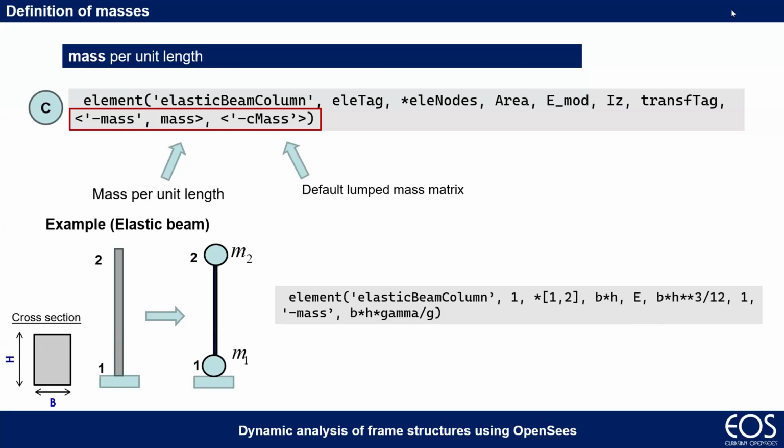So if the structure is this, the masses become this and this, lumped at the end of the element, okay? Of course, pay attention that in this case, it's not just the value of the mass, but it's the value of the mass per unit length of the element, okay?